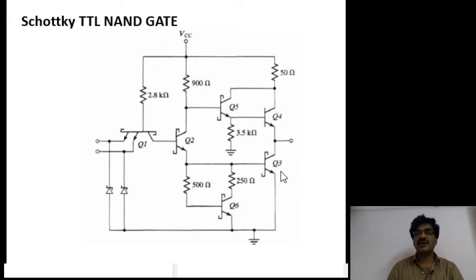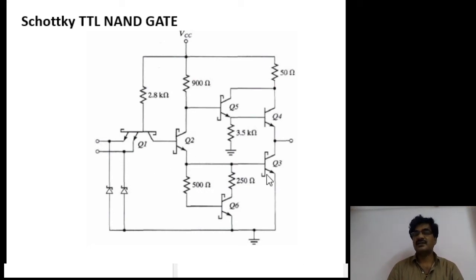Push-pull action means when Q3 is on, Q4 is definitely off, and when Q3 is off, Q4 is definitely on. That is achieved because of the phase splitting of Q2, and it is also in emitter follower mode, therefore it drives more current at the base of transistor Q3. So that is the purpose of Q2 transistor.